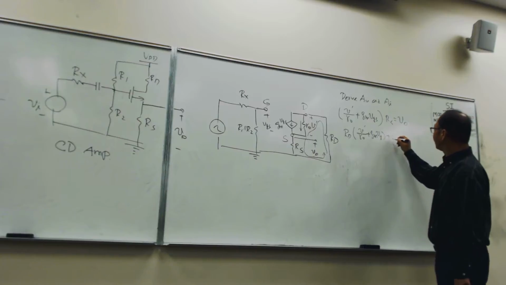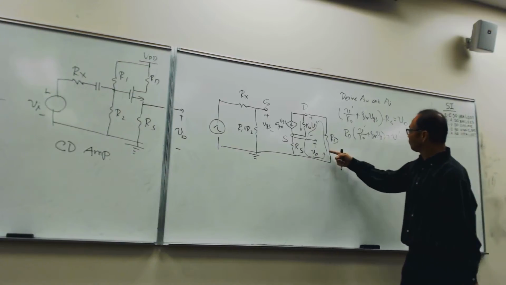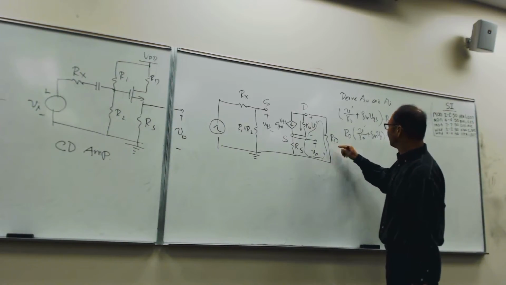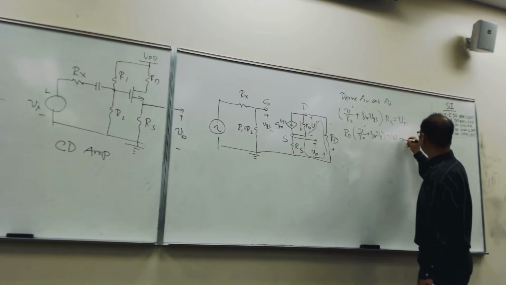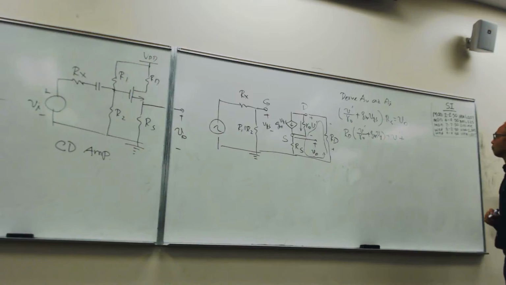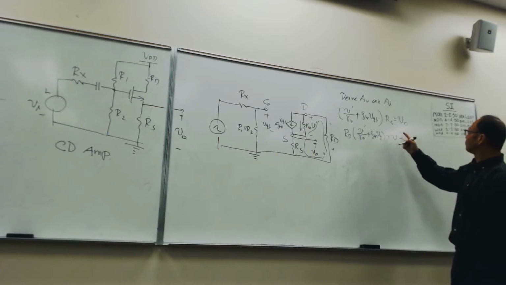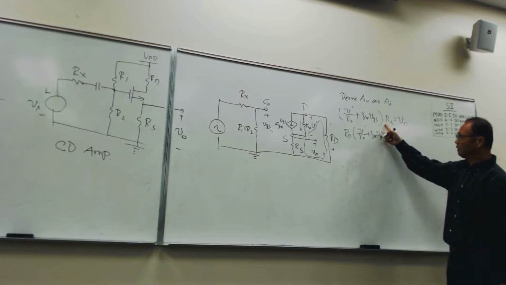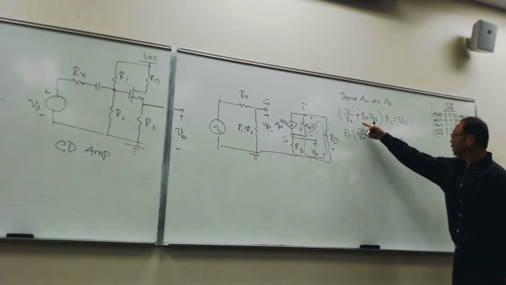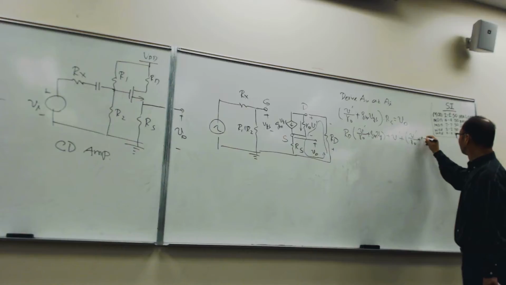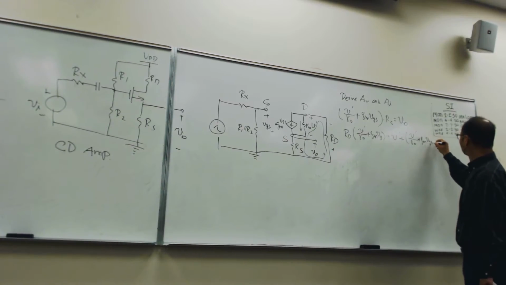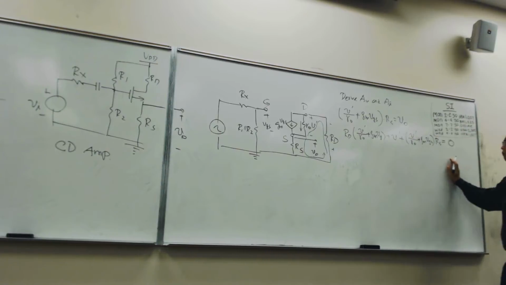Plus V sub prime, this is plus minus, right? Plus V sub O, yes? Which is this, equal to 0.